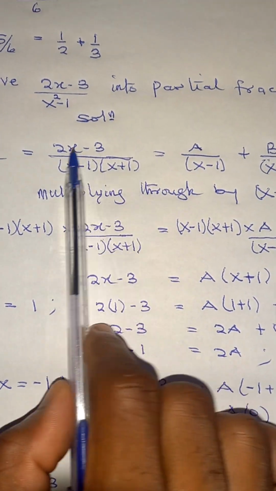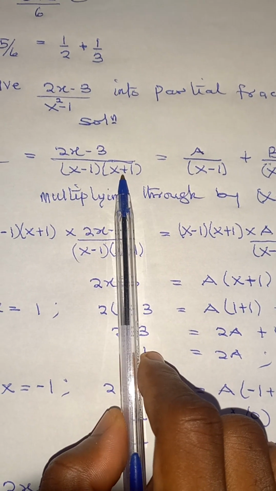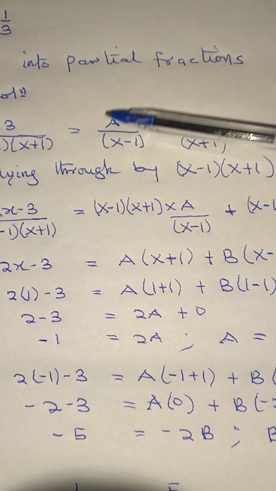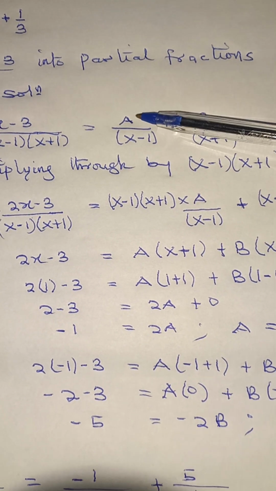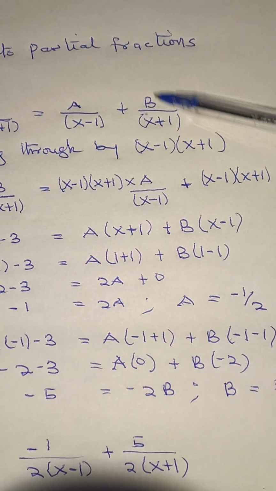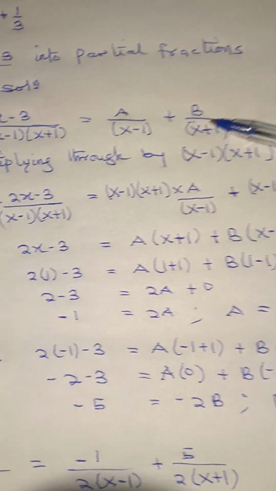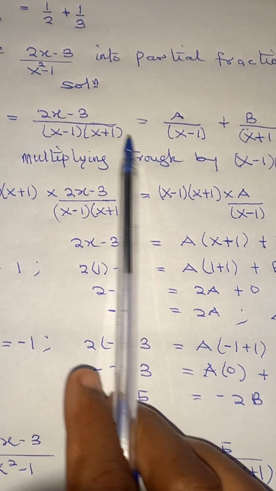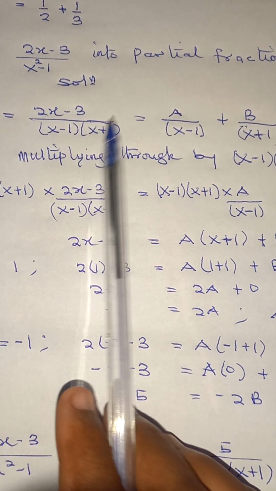We watch the denominator, we have 2 linear factors. So we are going to break the linear factors into 2. So that will give us a over 1 of the linear factors, which is x minus 1, then plus b over the second factor. Okay. Now the next thing to do is to multiply through by the LCM, which is x minus 1, x plus 1.